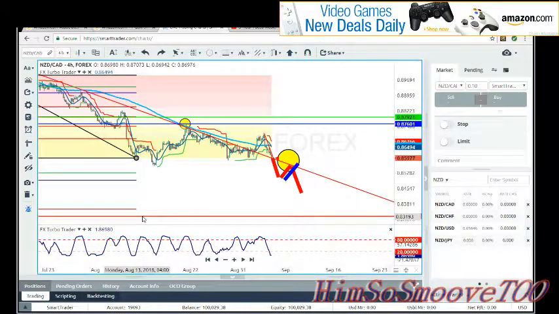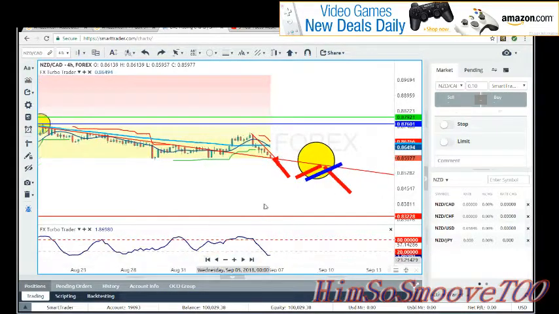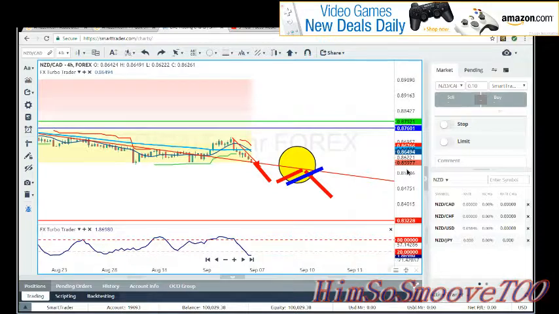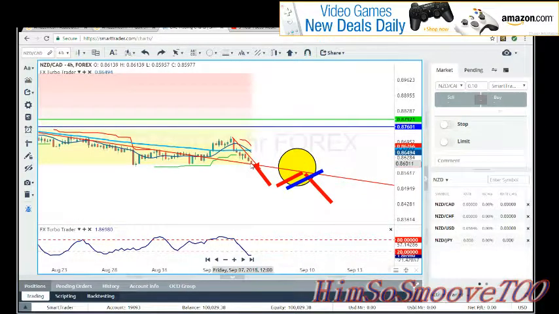But see, this 618 extension is within how many pips? That's just 31 pips from the 618 extension on the 4-hour chart and the 618 extension on the daily, on the downswing. So that's a good indicator that this is the overall movement where we could go. But we said if the market wants to hold in the buy zone, if it holds on the backside test and closes above this counter trend line, we will start buying the market.